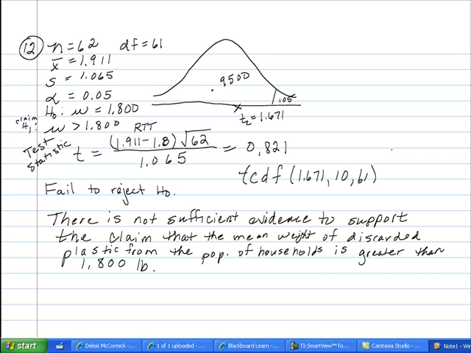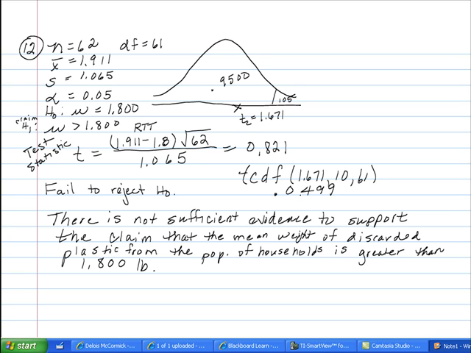And we can see our p-value is very close to our alpha. So if we rounded it to 2 significant digits, we would get 0.05. So it's greater than or equal to 0.05. Okay, p-value greater than 0.10.